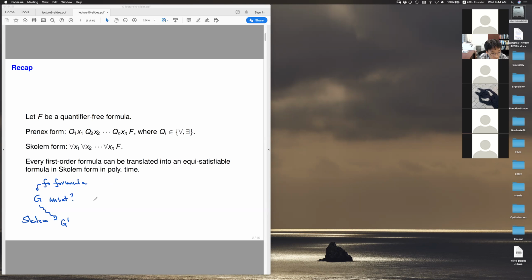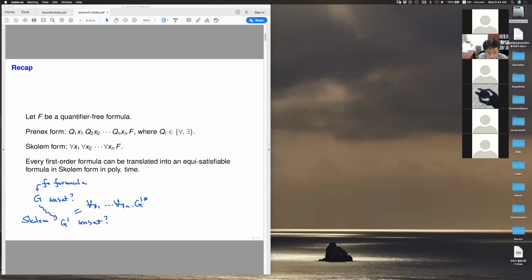G is unsatisfiable if and only if G prime is unsatisfiable. So answering whether G is unsatisfiable is exactly the same as answering whether G prime is unsatisfiable. G prime is much simpler than G, in the sense that it always looks like for all x1 through xn, G prime star, which doesn't involve any quantification at all. So it's a much simpler formula.